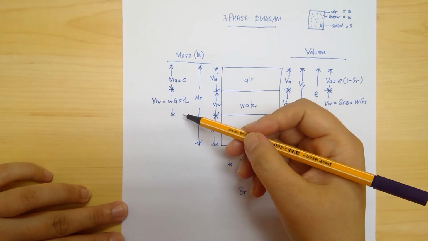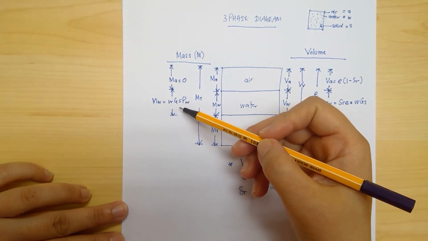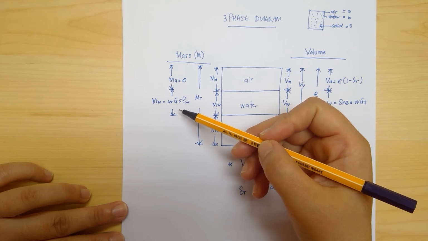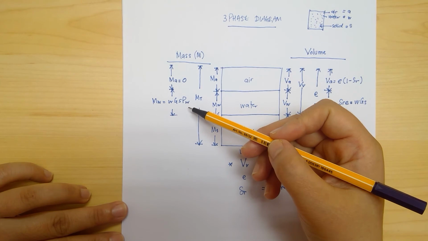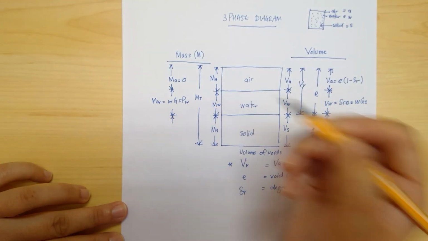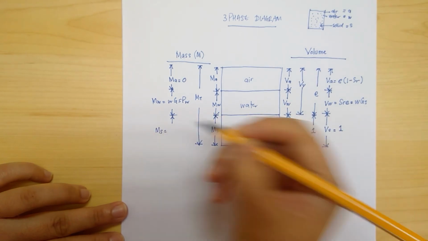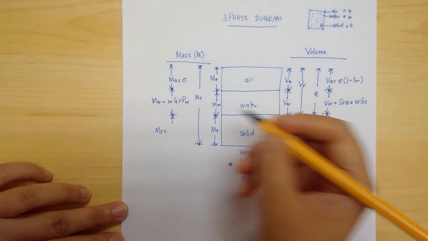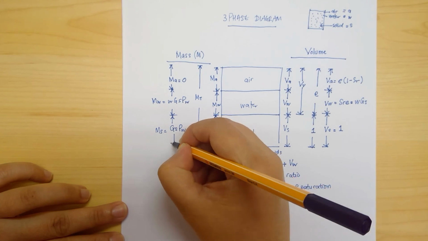This is the equation that you need to remember. w is water content, Gs is specific gravity or particle density, and rho w is the density of water. And the last notation that you need to know is the mass of solid or mass of soil, which is given by the equation Gs rho w.